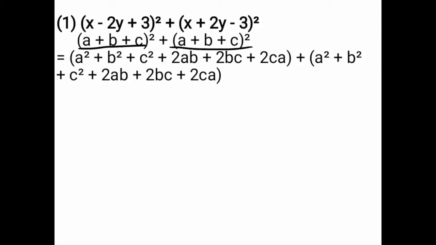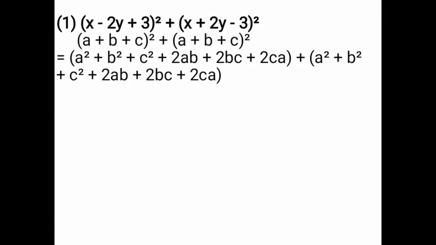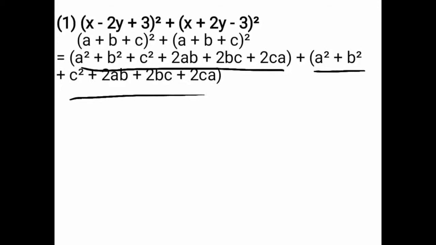In the first bracket I expanded it here, and in the second bracket I expanded it here. You have to write the given question again, then expand the formula of (a plus b plus c) the whole square in this way, and finally solve the sum, because the question is in (a plus b plus c) the whole square 2 times.